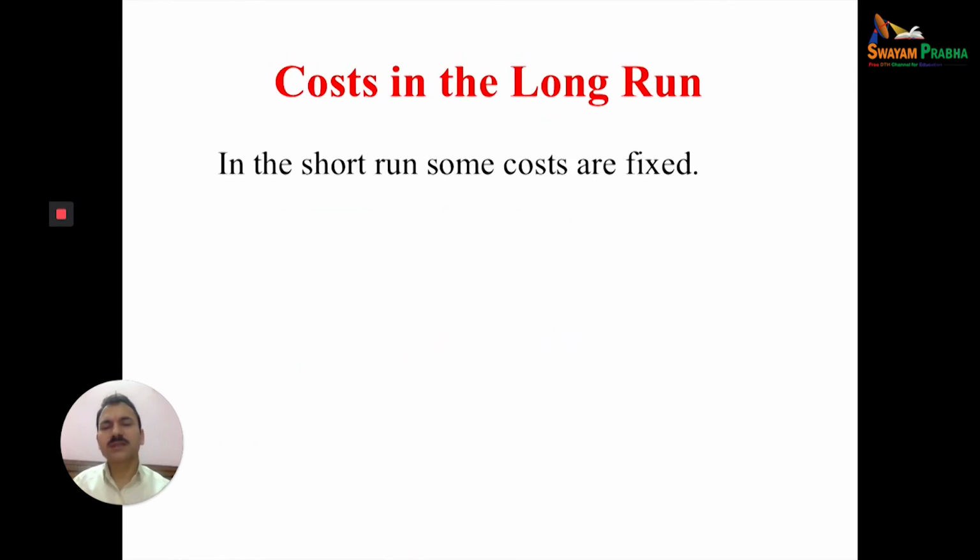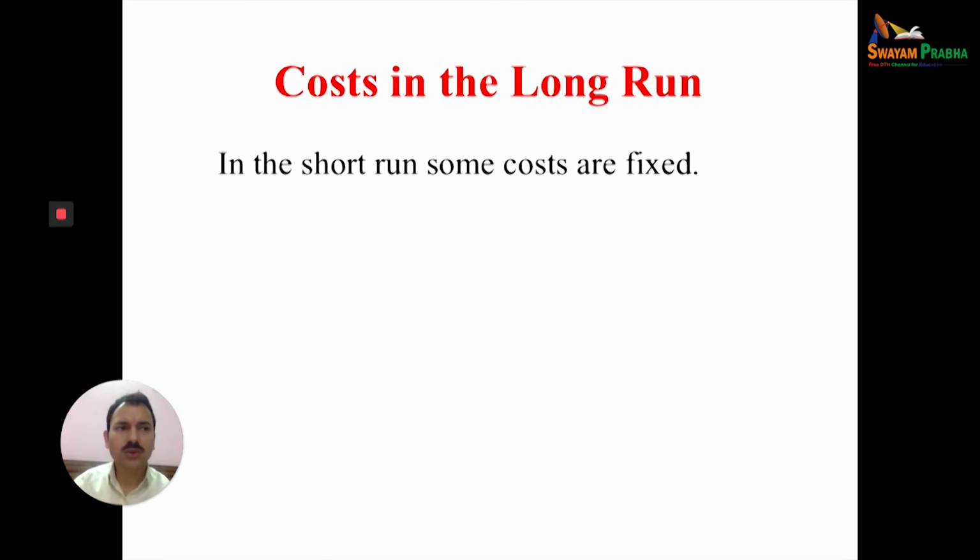Now let us discuss the long run cost curve, which is the modern theory of cost curves. The long run cost curve may be L-shaped. Modern economists say these costs will be flatter as compared to the short run cost curve.